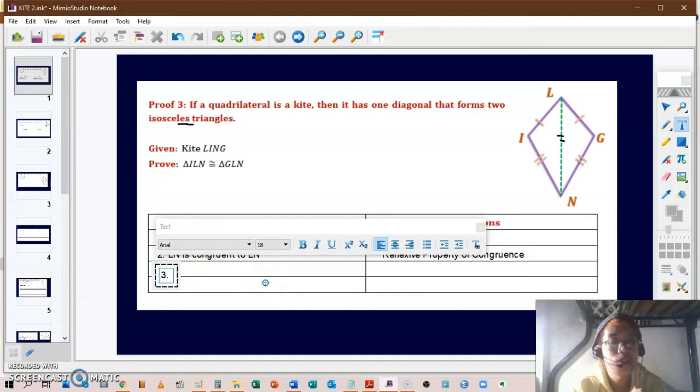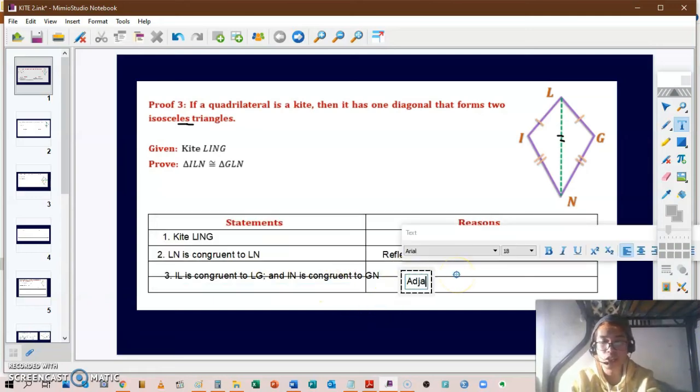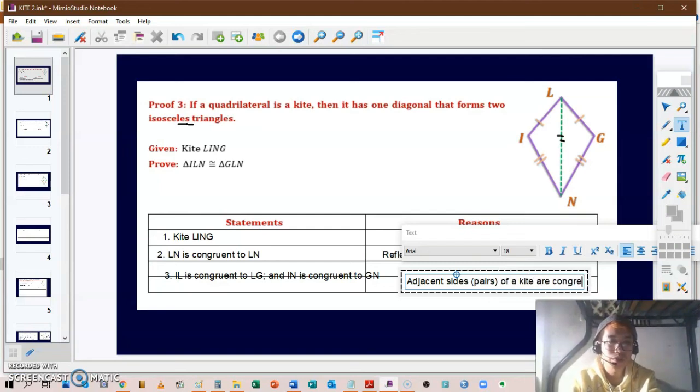So what else can we say? Going back to the properties of kites, we can say that IL is congruent to LG, and IN is congruent to GN. The simple reason for that is the pairs of adjacent sides of a kite are congruent.